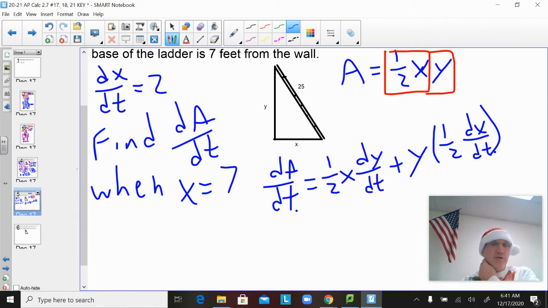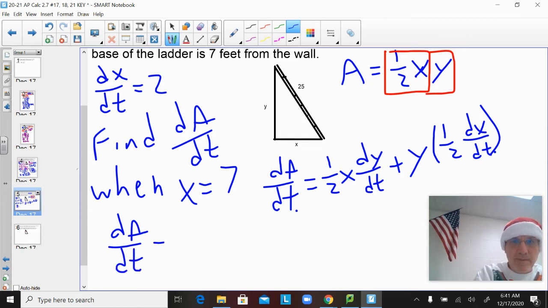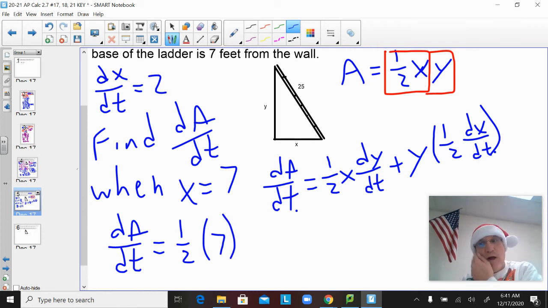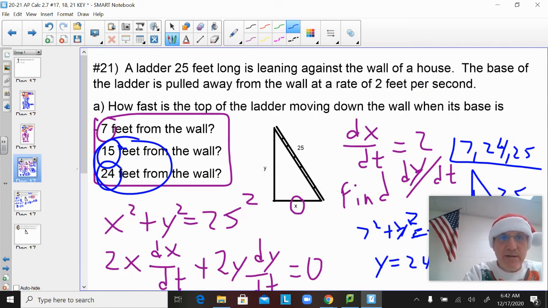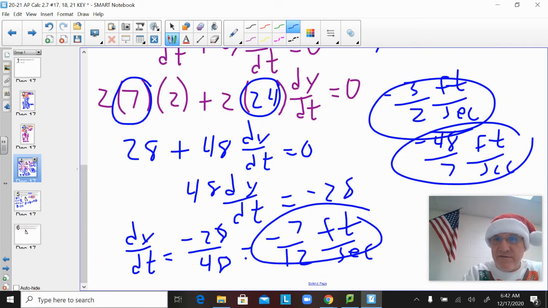All right. So now can I plug things in? dA dt is what I'm looking for. It's 1/2 times x, which was 7, times dy dt. Well, fortunately, in part A, when x was 7, we found dy dt. It was negative 7/12.